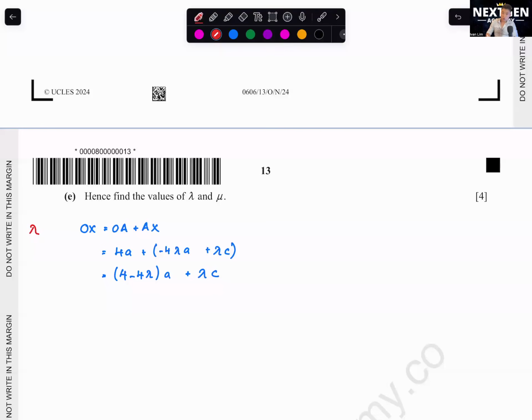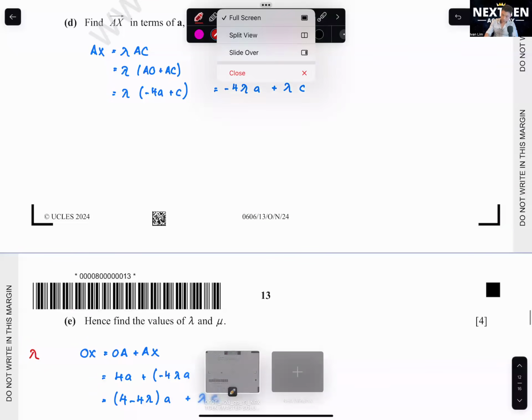Next part, you have the other OX. So we equate both OX values. We look from the previous one.